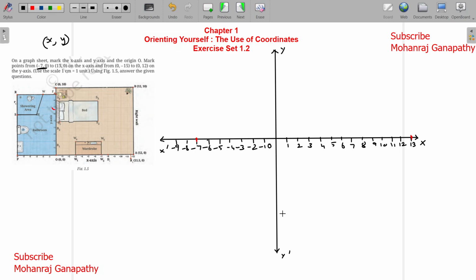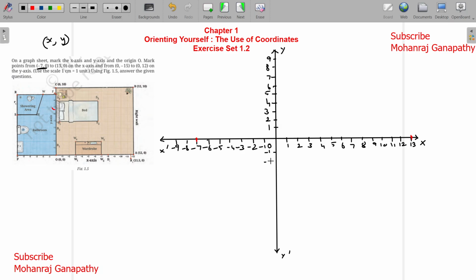I have very limited space here. In your graph sheet you will have enough space, so you can mark up to 12. I will mark as much as possible. 4, 5, 6, 7, 8, 9, 10, 11, 12. Up to 12 you need to plot.